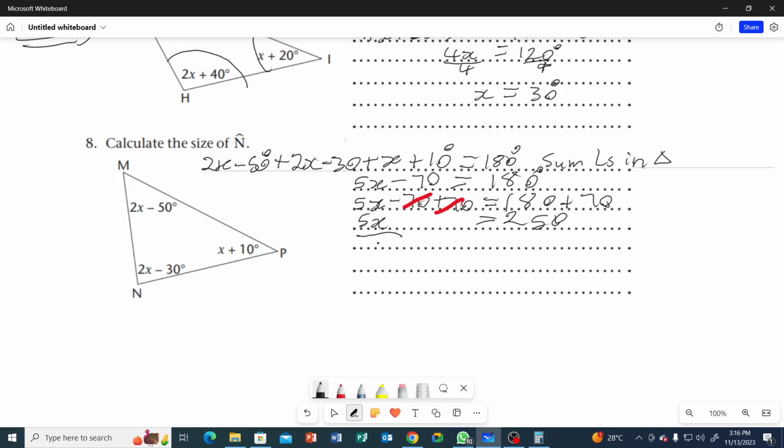Then you divide by 5, you also divide by 5. So now the value of x will be 250 divided by 5, which is equal to 50 degrees.